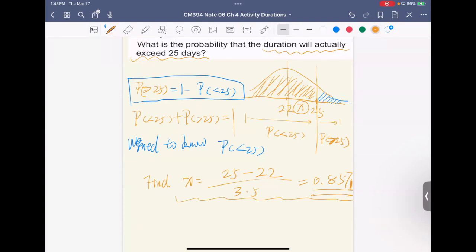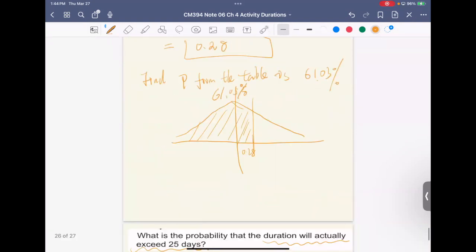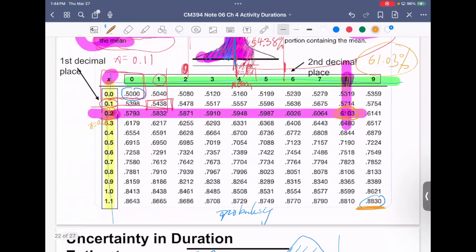Then you can round it up to 0.71, because in the table we only have one decimal and two decimal places, right? Now you can find P less than 25 from the table. The 0.7 is here, and the 1 is here.